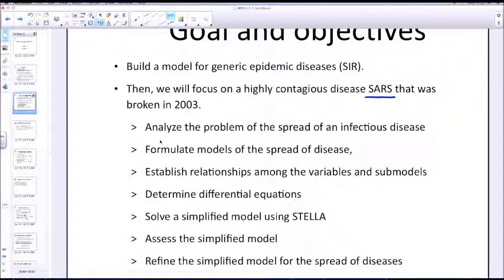And we have all those 7 objectives. We analyze the problem, formulate the problem, and look at the relationships at the conceptual level, and then build the mathematical model, which is differential equations. And then we use Stella to solve it numerically, and finally we evaluate the model, refine the model, and analyze again.